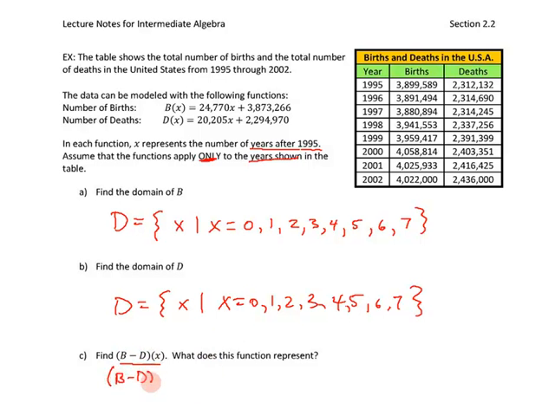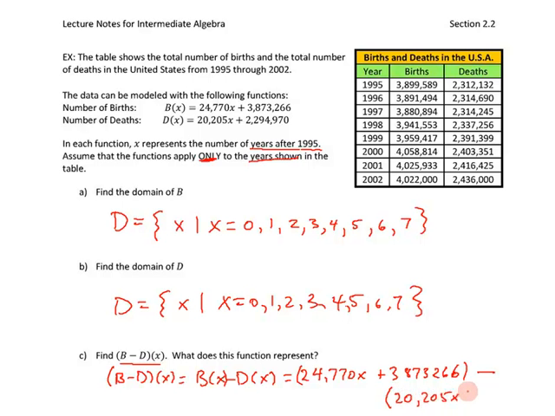That function, by definition, as we've covered earlier, is b of x minus d of x, which is 24,770x plus 3,873,266 minus, I'm going to go to the next line, but imagine this is all one line here, 20,205x plus 2,294,970.